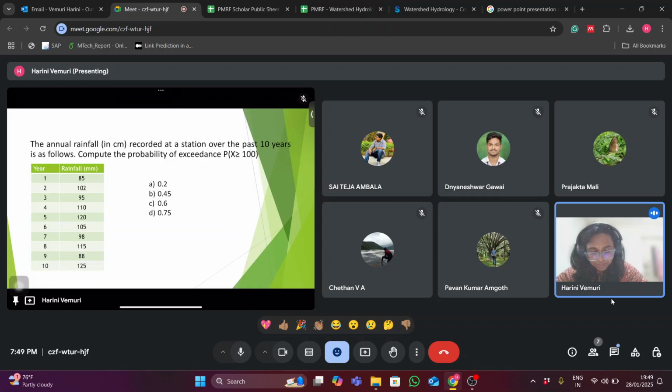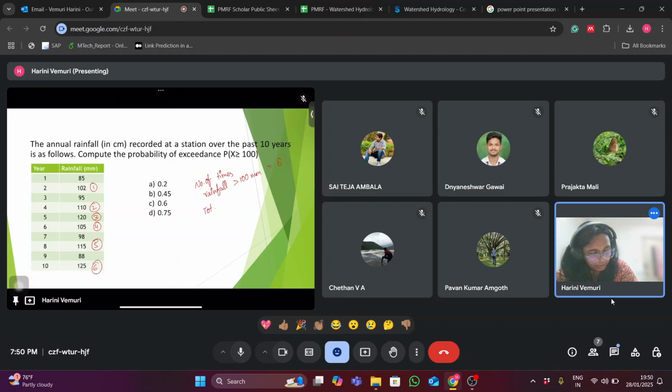Let's first see from the observed data how many times the rainfall has exceeded 100 mm. 1, 2, 3, 4, 5, 6. The number of times rainfall is greater than 100 mm is 6.